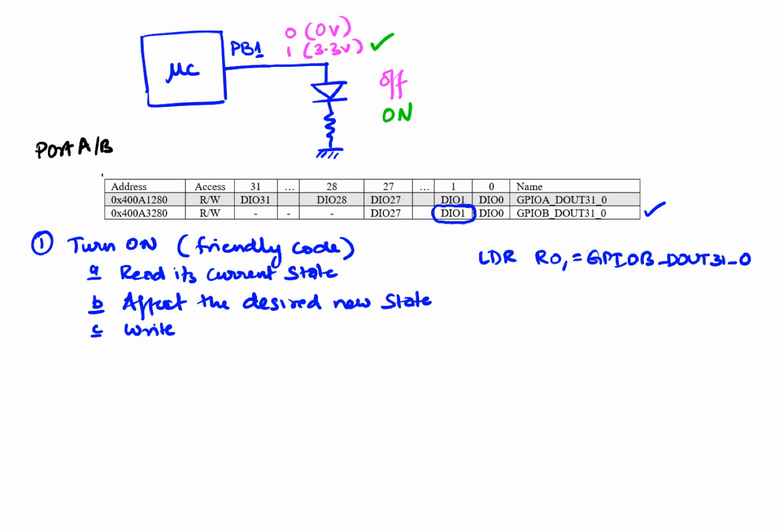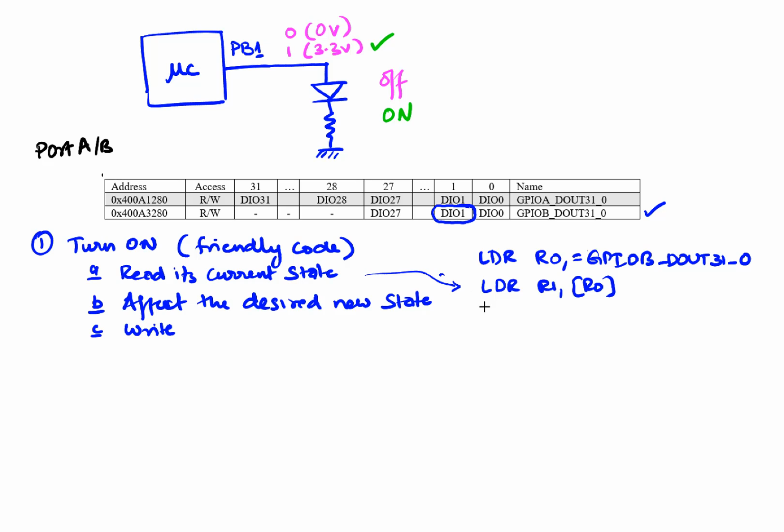So we're going to get that, and then we'll read its current state, which is my step A, which is to read it in. So we're going to load it into some register R1, from R0. And now that we have the current state, we're going to affect the desired state. We're going to modify R1 first.